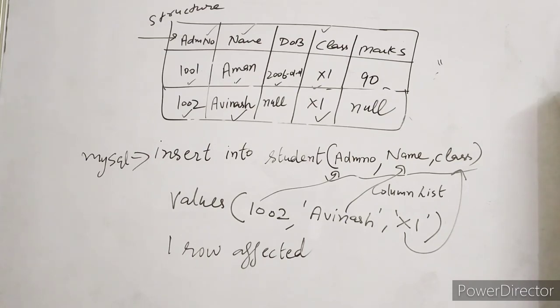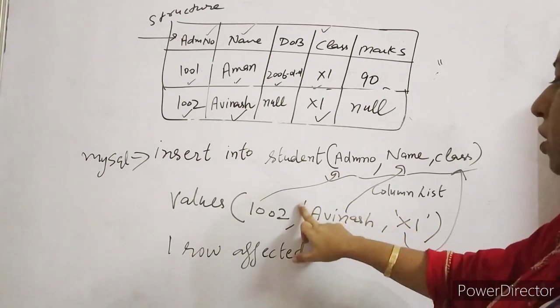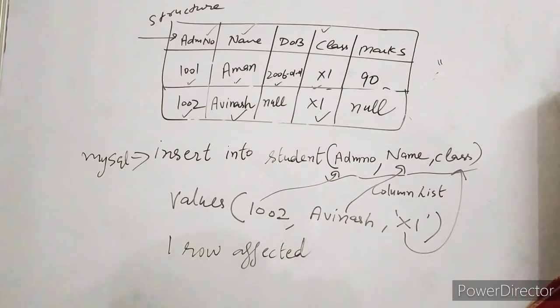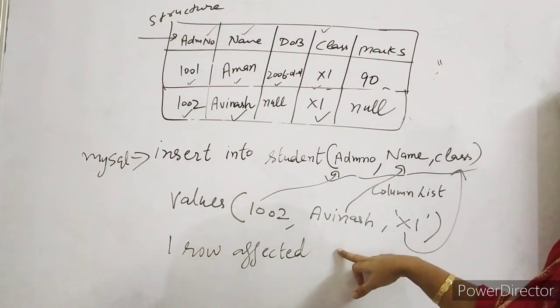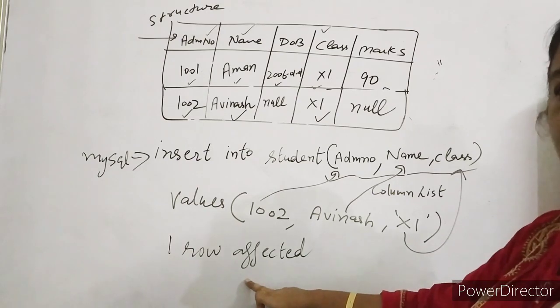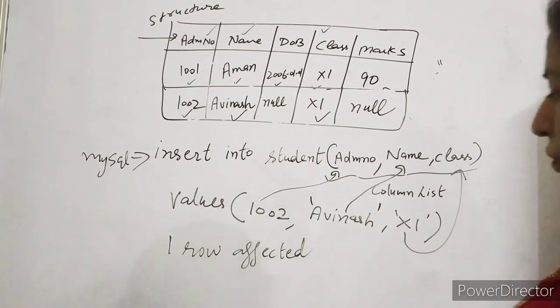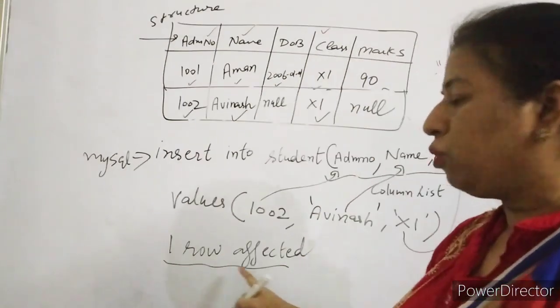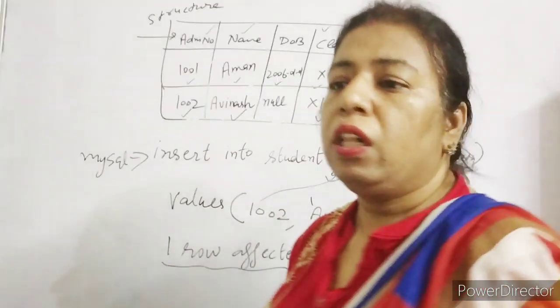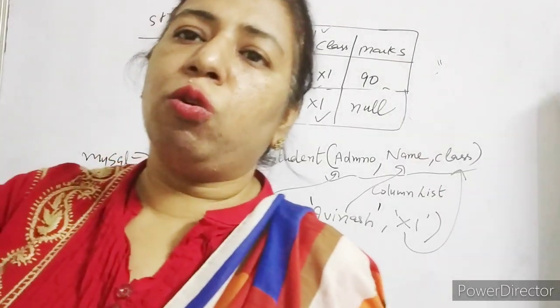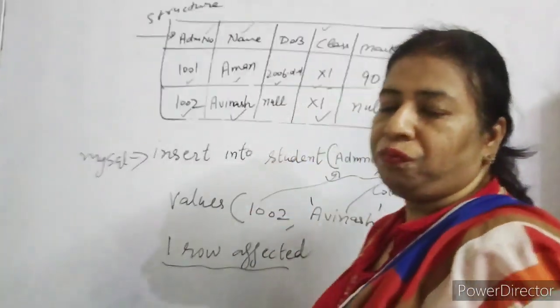If there is some error, then this output will not appear, and it will show you the error. Suppose I have made a mistake, for example not putting a single quote here, then this output will not appear. The system will alert you with an error message. If the line one row affected appears, it means one row has been inserted in your table. Clear?